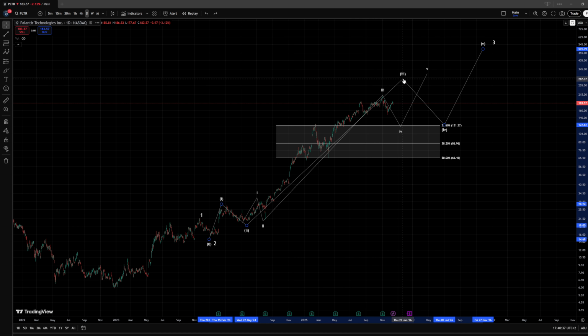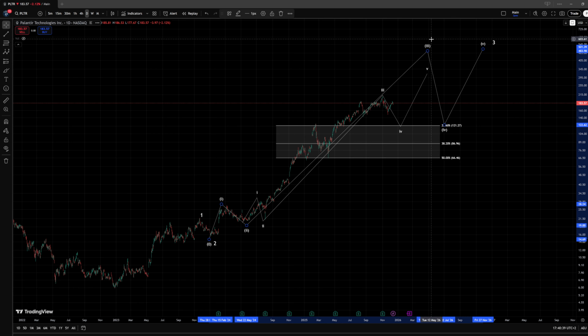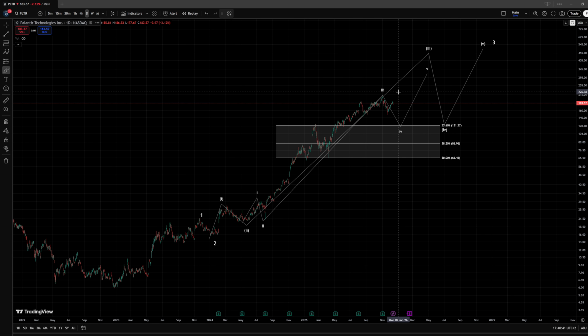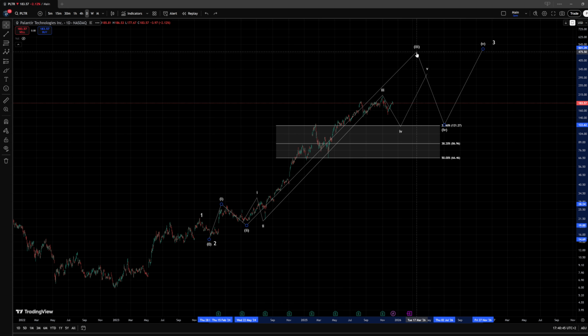Now again, even this larger wave 3 could still be ongoing, but we may actually have an extension within it where we could see a fourth and a fifth before we complete this large wave 3.